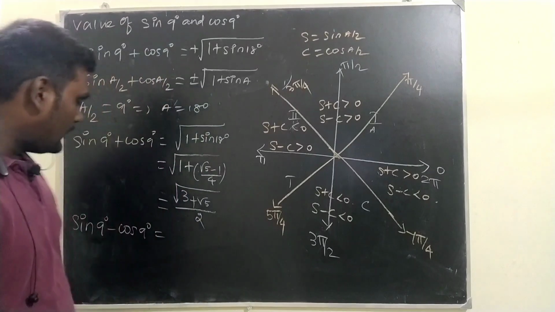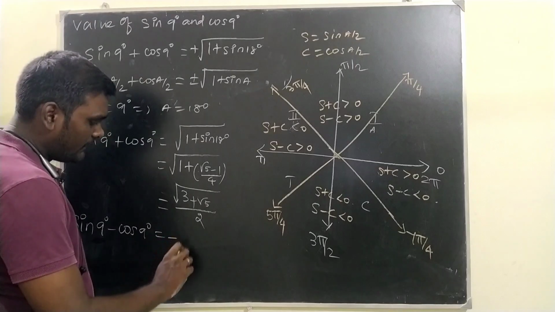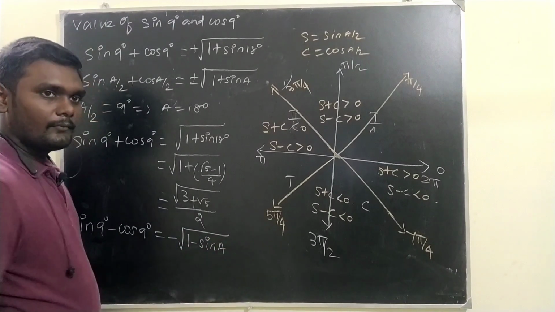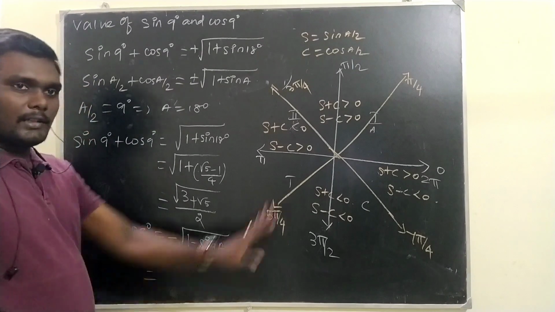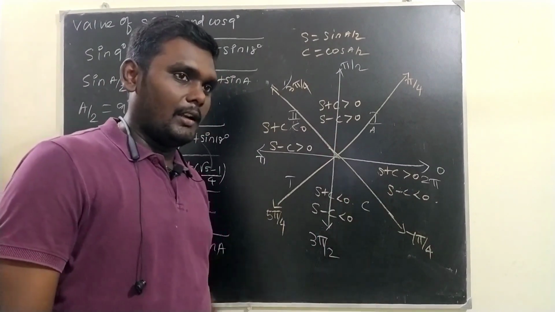Negative. So is it plus or minus? Minus root of 1 minus sin A. Okay. So that is the use of this diagram. That is why you worked this out.